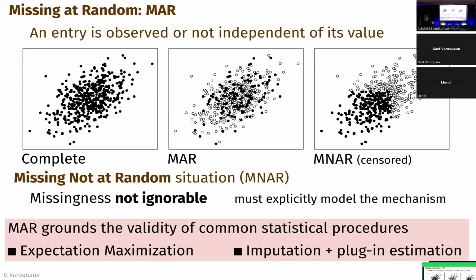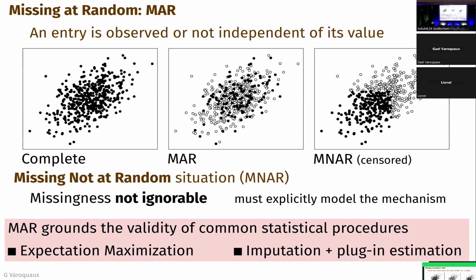This is a missing not at random setting. You're missing more often for very large values. So in a missing not at random setting, the missingness is said to be non-ignorable, and you can only get statistical results by modeling the mechanism.